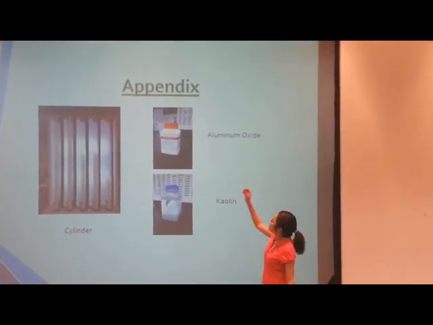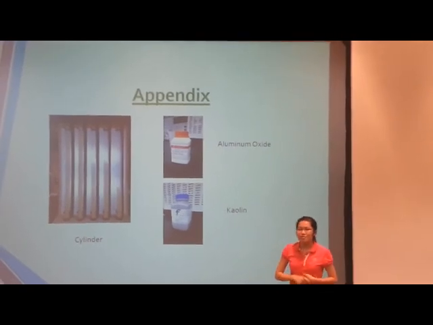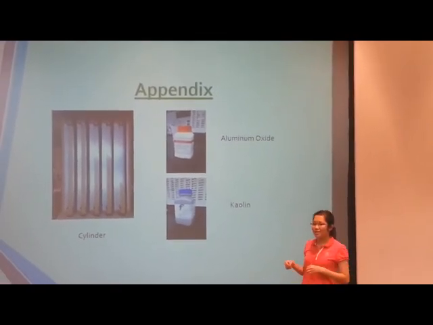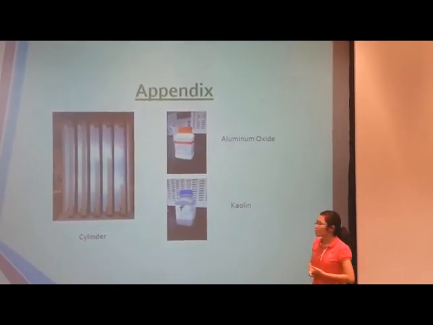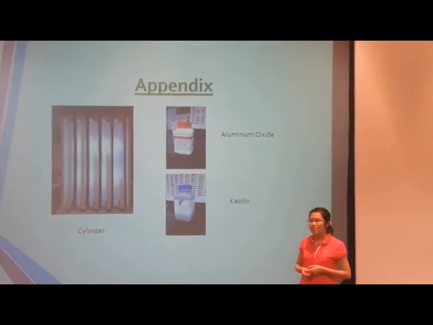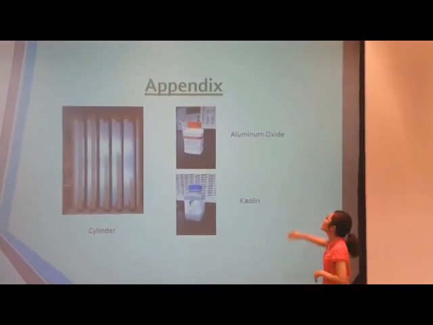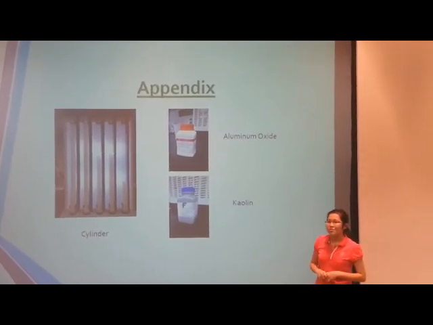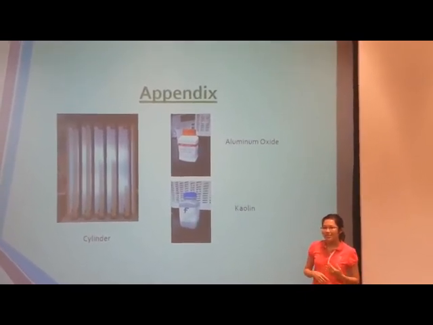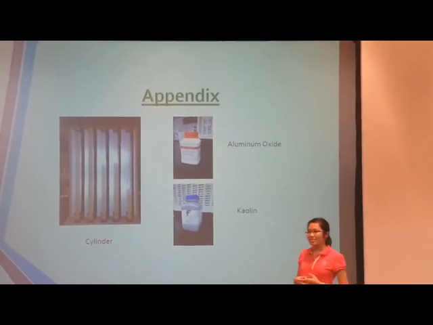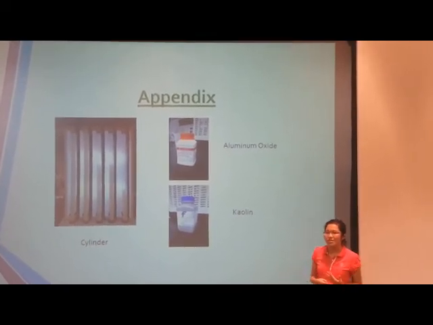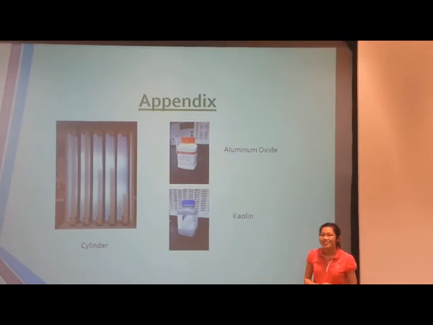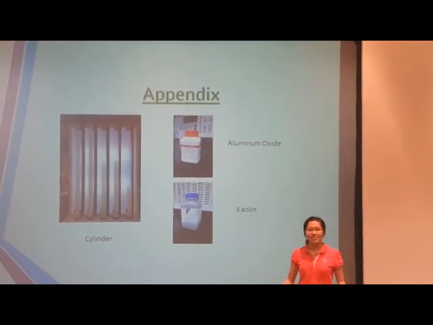And this is the kaolin that we use to mix with water to produce the slurry solution during the experiment. And the aluminum oxide is the flocculant that we use as the aid agent in helping the sedimentation to occur faster. Okay, that's all for my presentation.